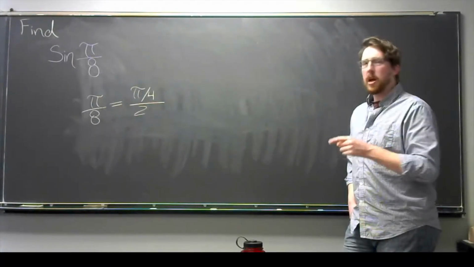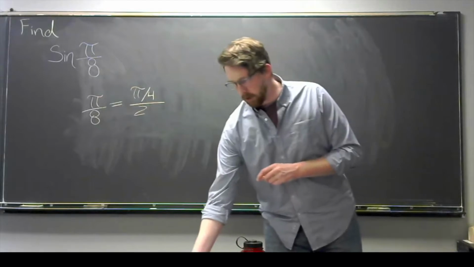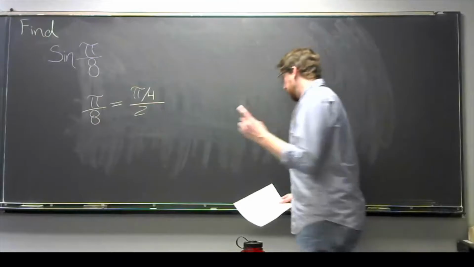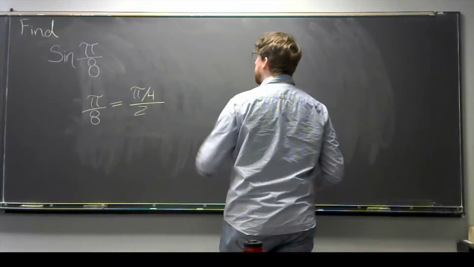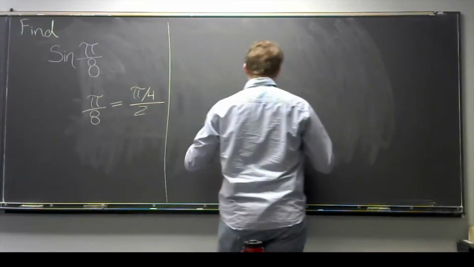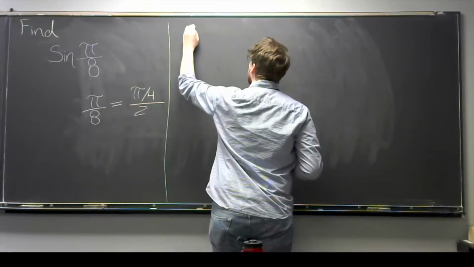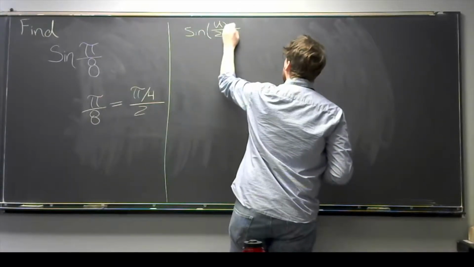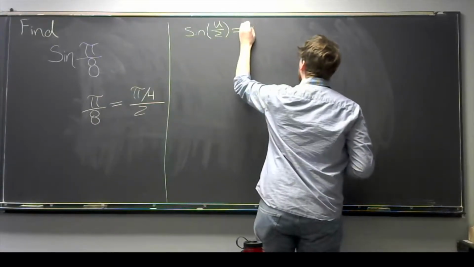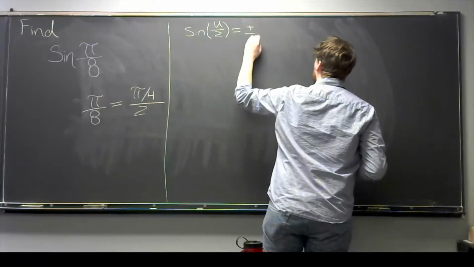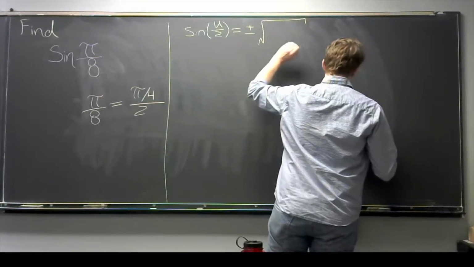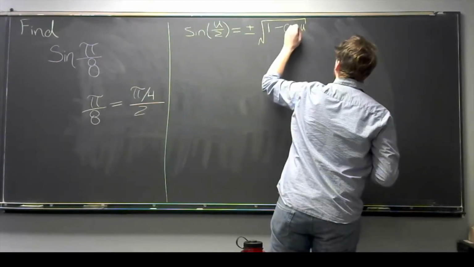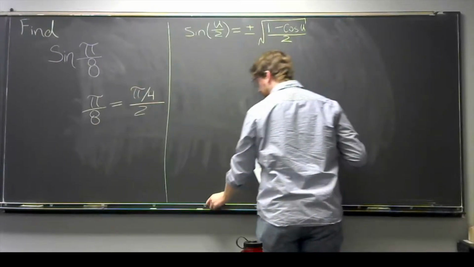Well, now if we go to our tables, we'll find a table for half-angle formulas. And one of them says that the sine of u over 2 is equal to plus or minus the square root of 1 minus cosine u, all over 2.